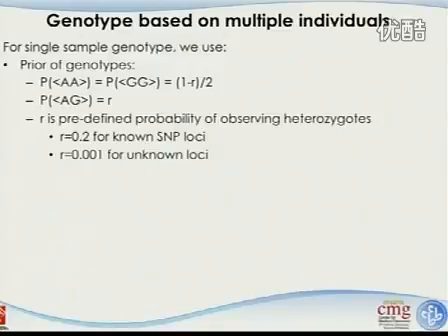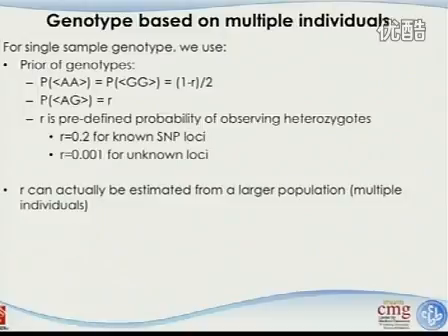The assumption made here is that the heterozygous rate is R for that particular location, and they even further say for known ones it is 0.2, for unknown ones it is 0.01. This is not necessarily correct, okay? And especially it can be individual variant based.